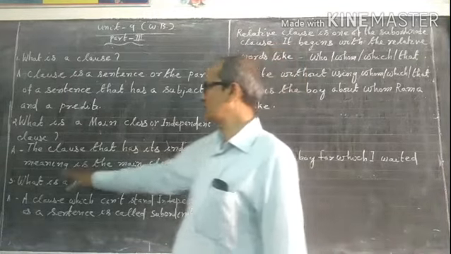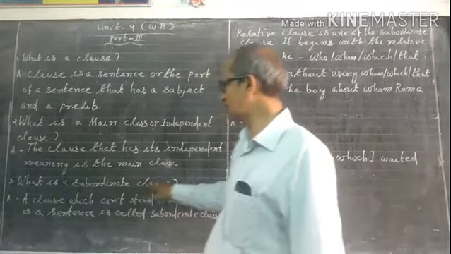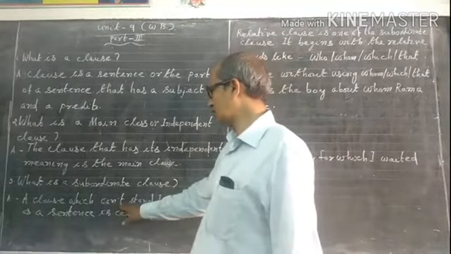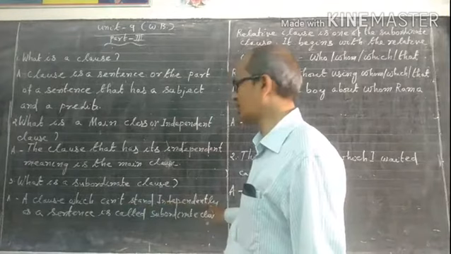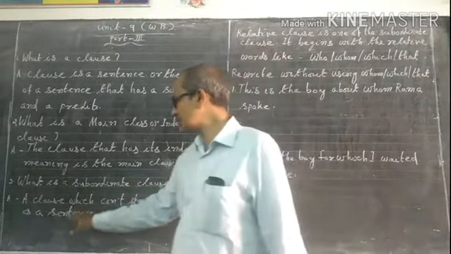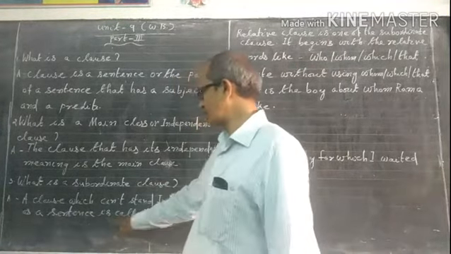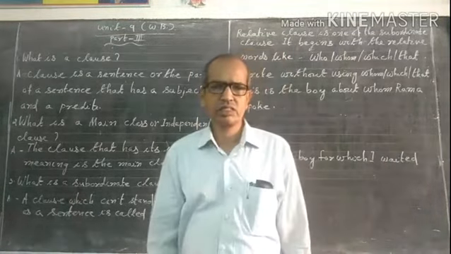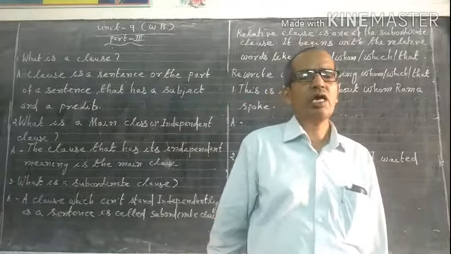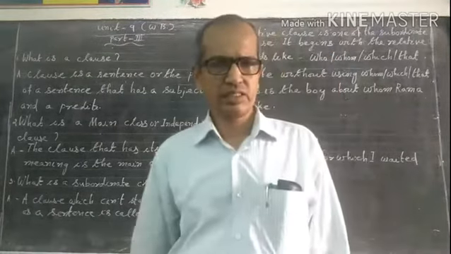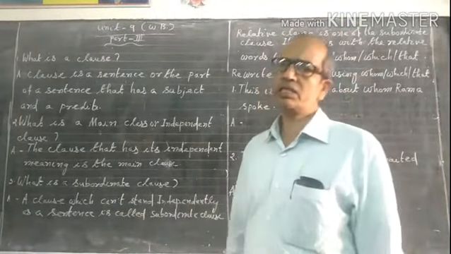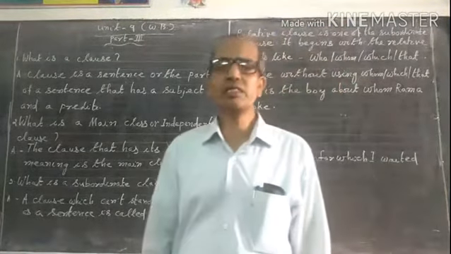Okay? Then what is a subordinate clause? A clause which can't stand independently as a sentence is called a subordinate clause. A subordinate clause has no independent meaning, so we say it is a subordinate or dependent clause.